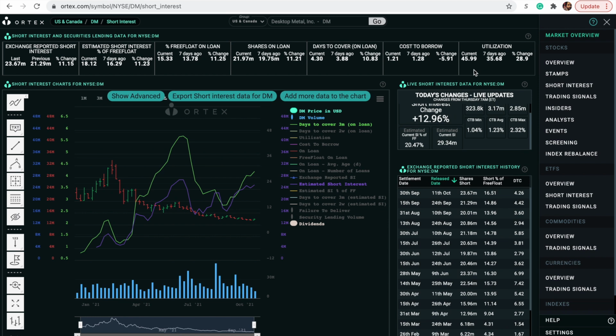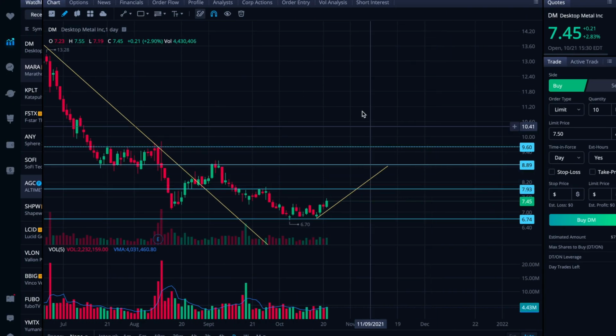And utilization is not quite at 50. So there's still a ton of shares left for short sellers to borrow to short and distort selling pressure optics into the visible price that we would see.